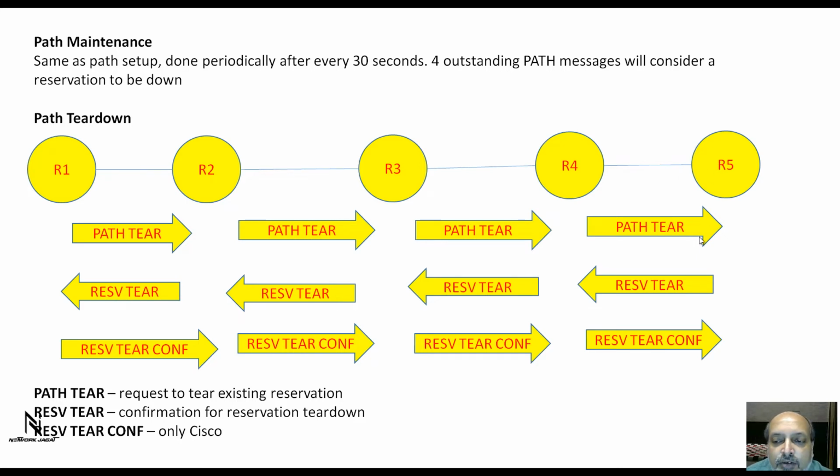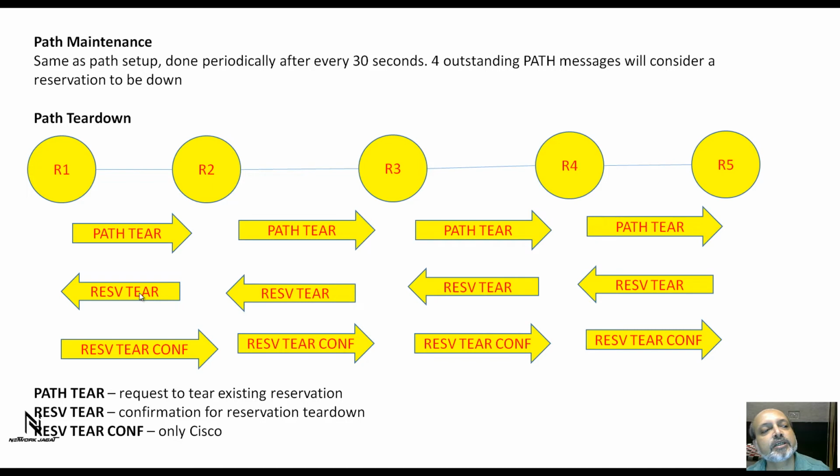Now the tail end replies back. It first tears down the reservation and then replies back with a RESV tear. Then R4 tears down its reservation and replies back with RESV tear. In the same way R3 does, and finally R2 tears down the reservation and replies back to R1 with a RESV tear message.